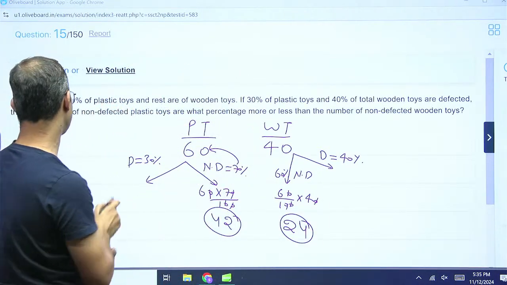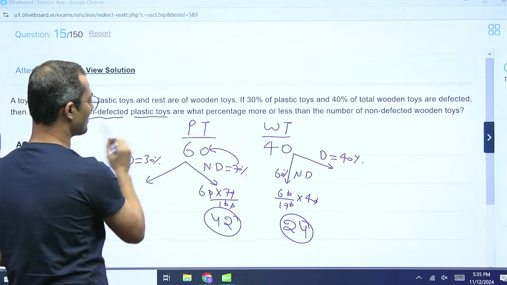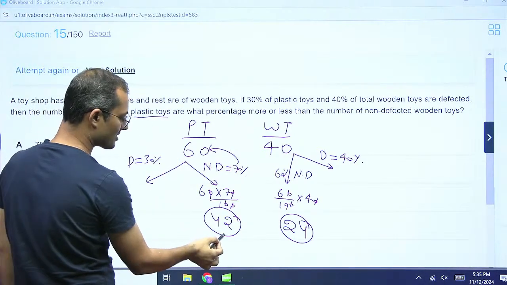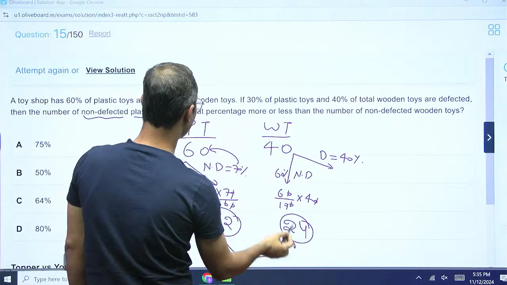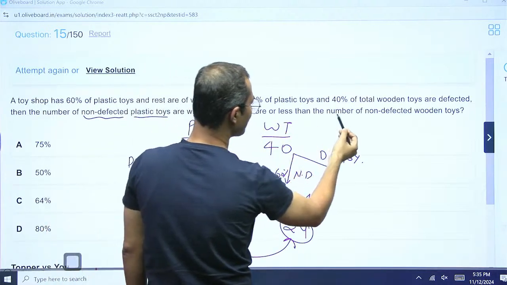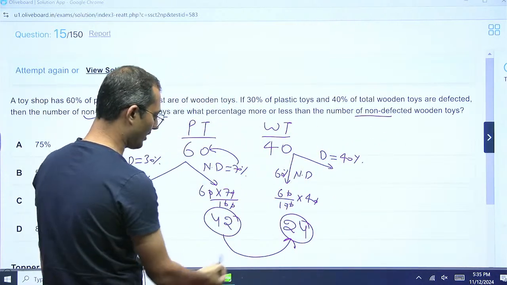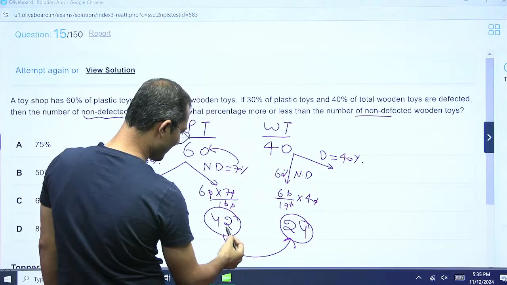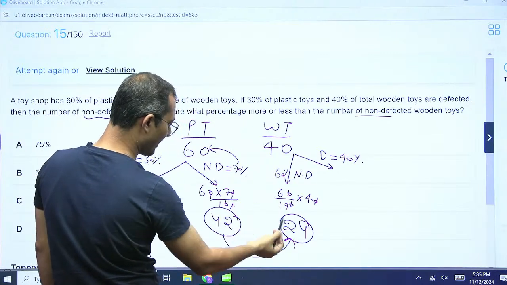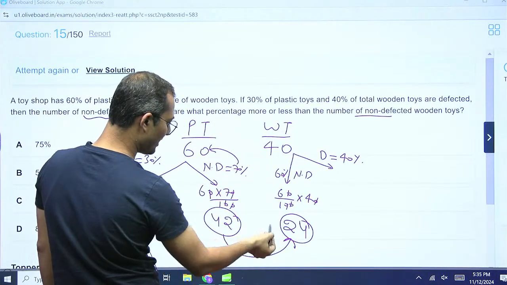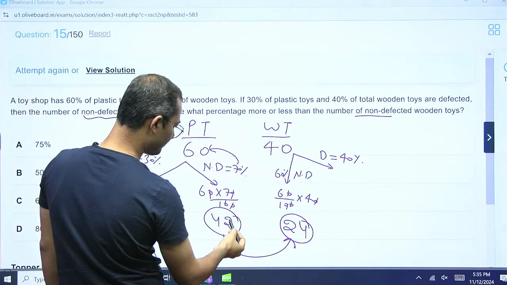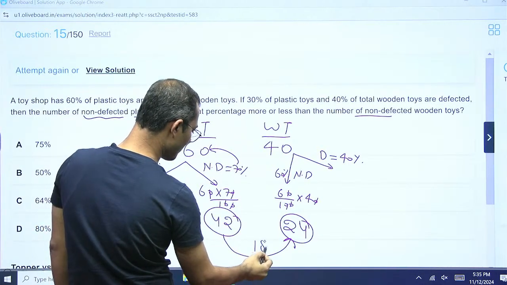Now the question is asking about non-defective plastic toys, 42, compared with non-defective wooden toys, what percent more or less. So how much more? 42 minus 24 is equal to 18, right?